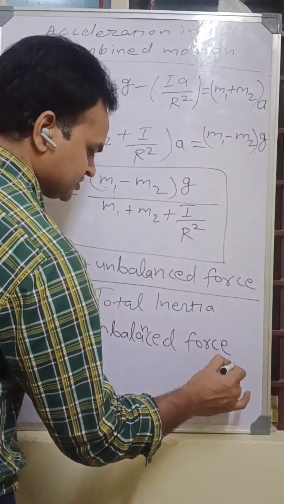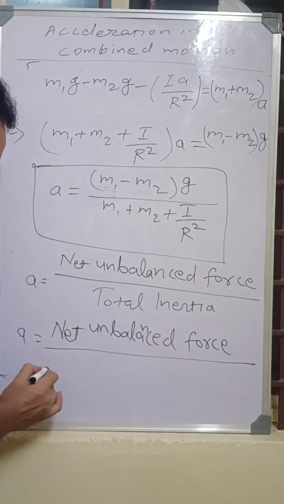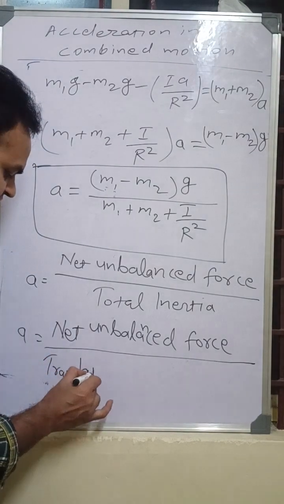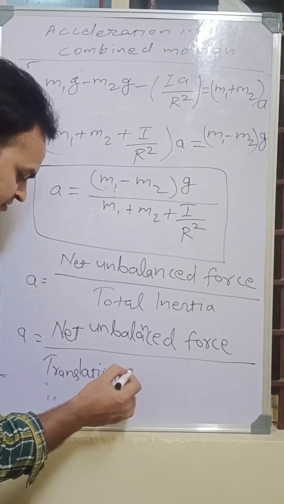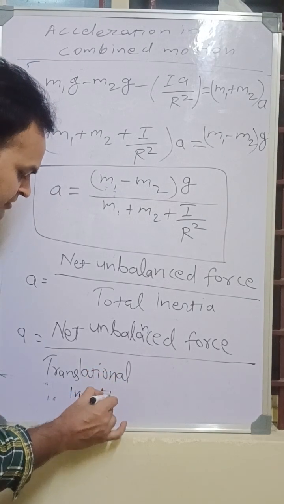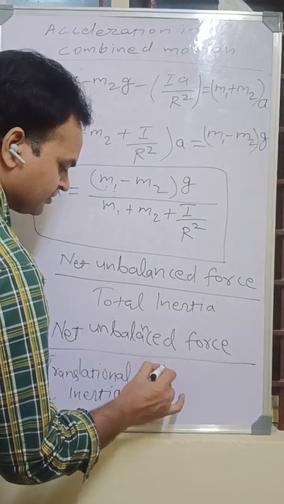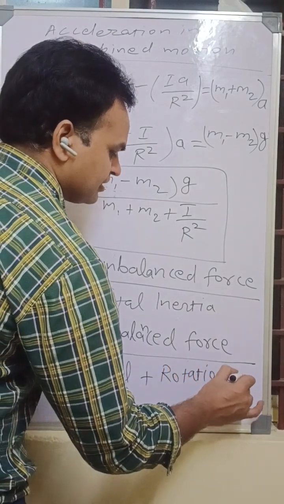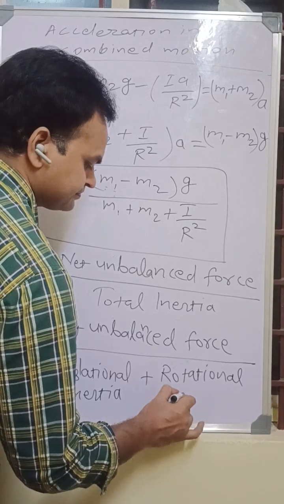Net unbalanced force divided by translational inertia plus rotational inertia.